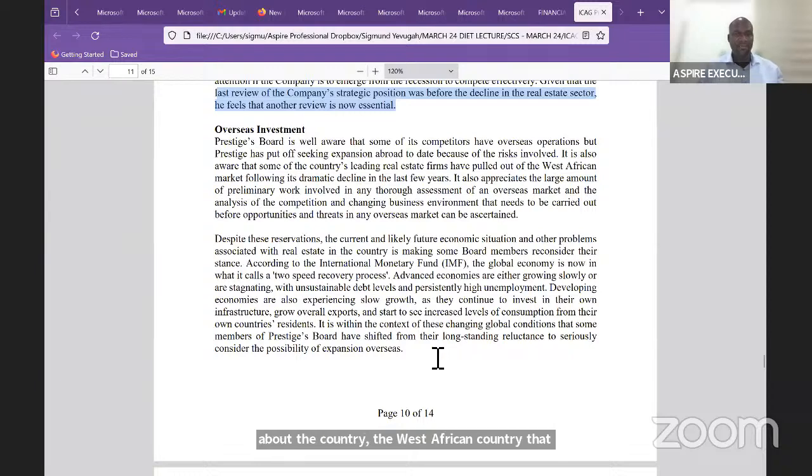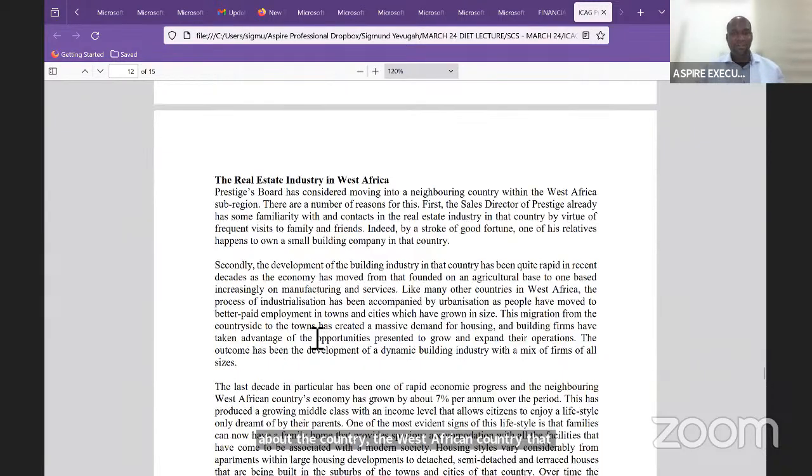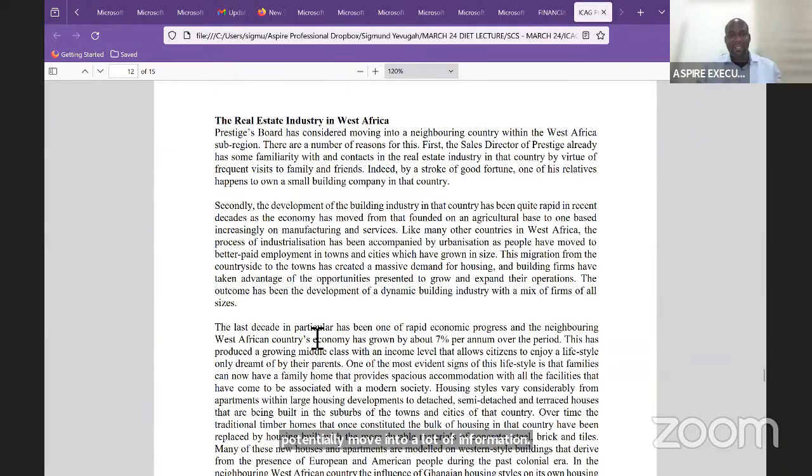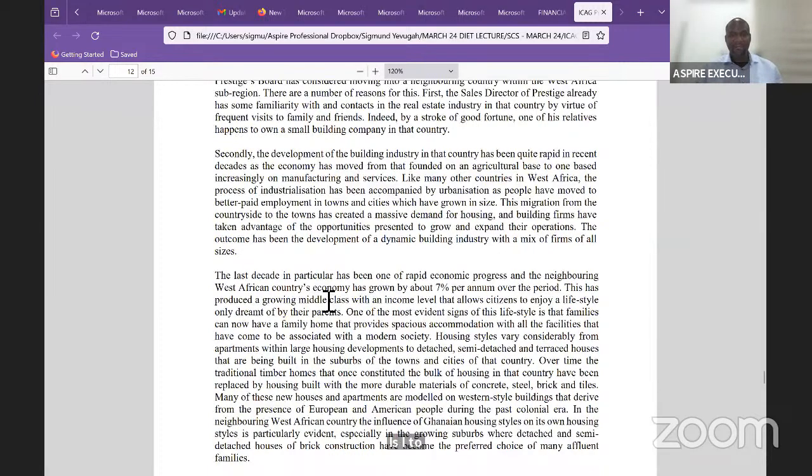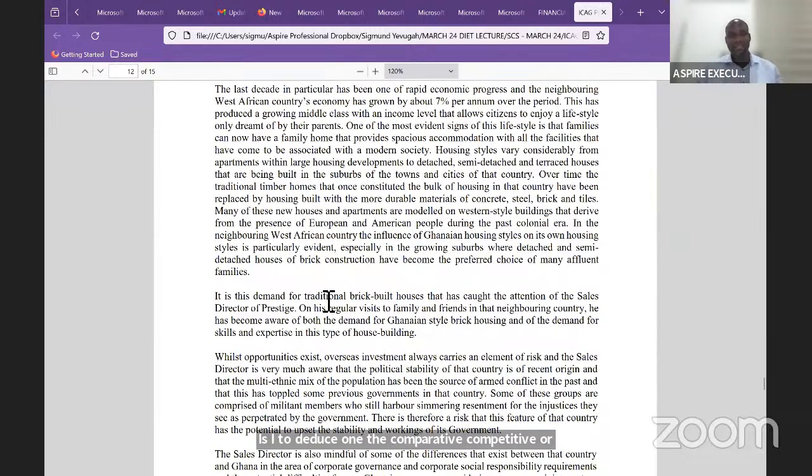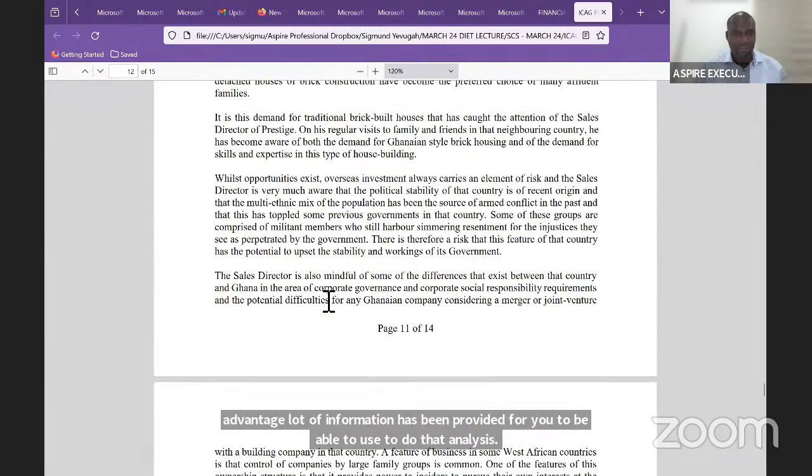And then they also told you about the real estate industry in West Africa. That is very good enough information for you to be able to deduce the comparative competitive advantage. Exactly. A lot of information has been provided there for you to be able to use to do that analysis. Exactly. There's so much we've discussed.